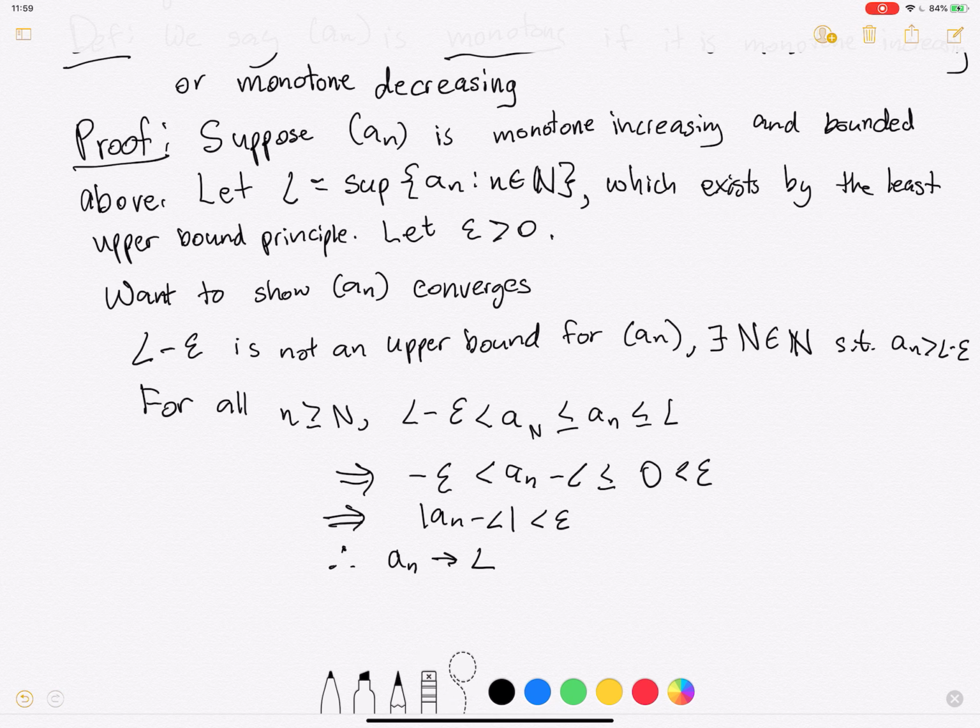Just so we're clear on what happened here, we stated that L minus epsilon is not an upper bound for a_n. So that means at some point a_N is greater than L minus epsilon.